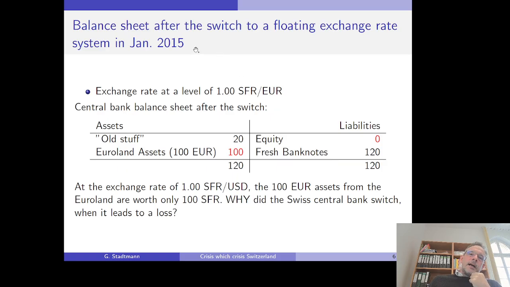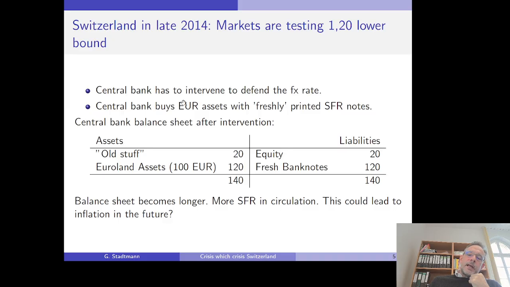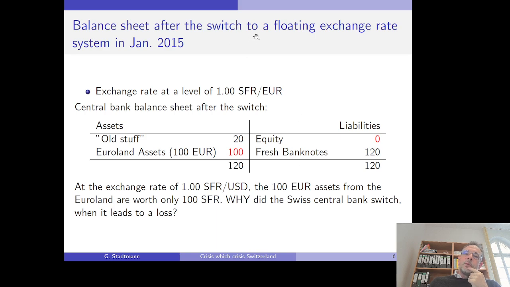So, how does our stylized balance sheet, which we introduced here, look after the switch to a floating exchange rate system in January 2015, when the exchange rate level is at the level of 1 Swiss franc per euro?